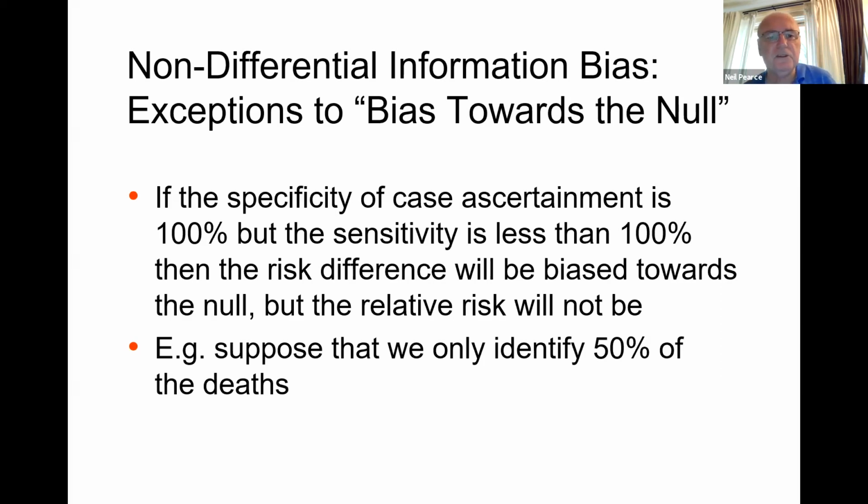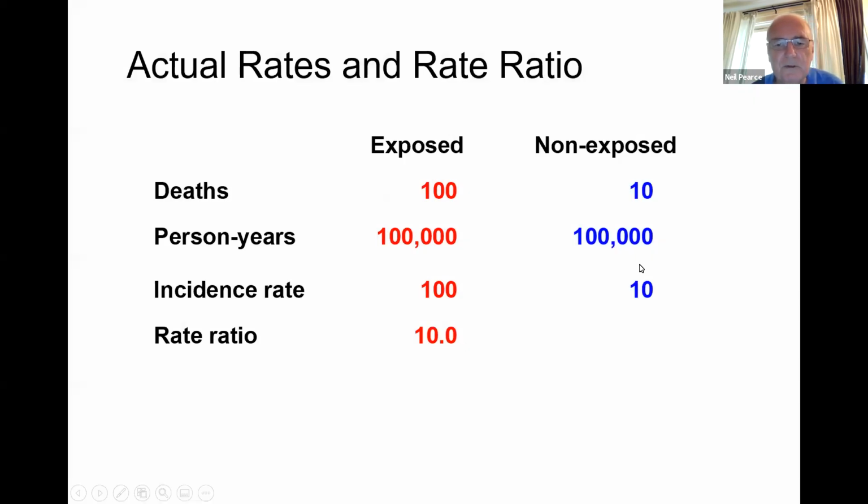There's a couple of exceptions to this. If the specificity of case ascertainment is 100%, but the sensitivity is less than 100%, then the risk difference will be biased towards the null, but the relative risk will not be. So suppose we start again with the truth, but for some reason we only find half the deaths.